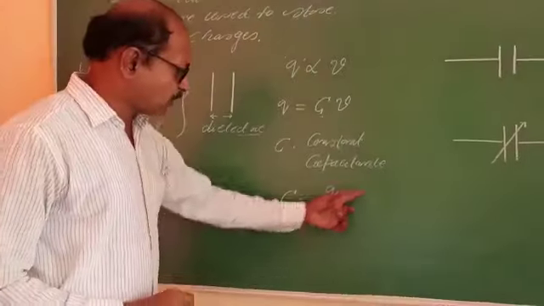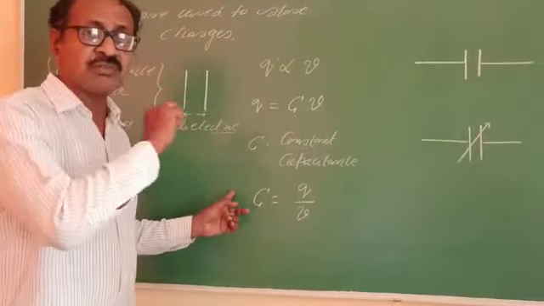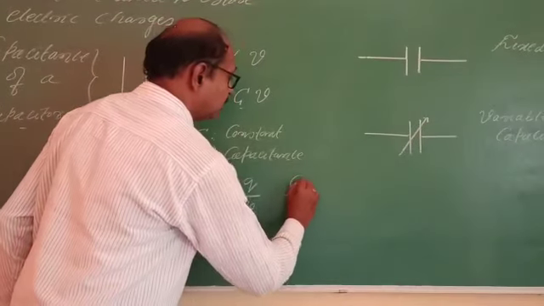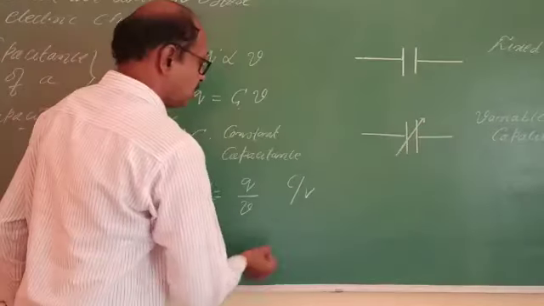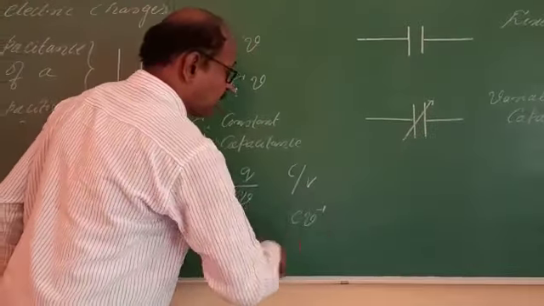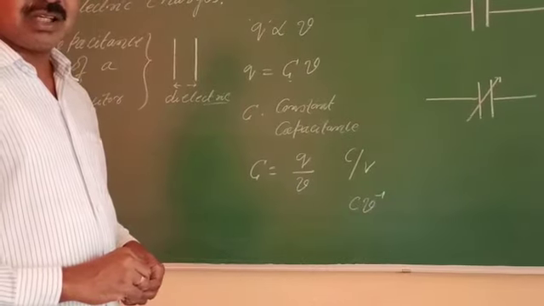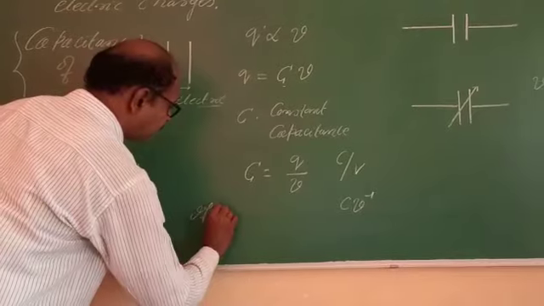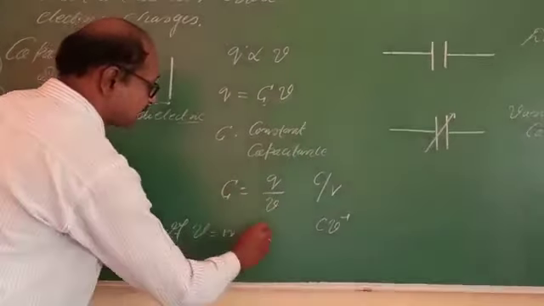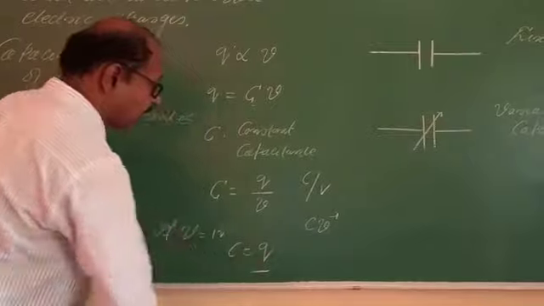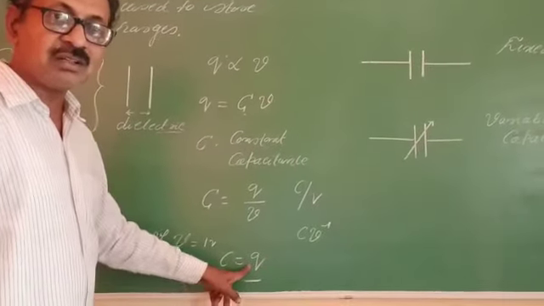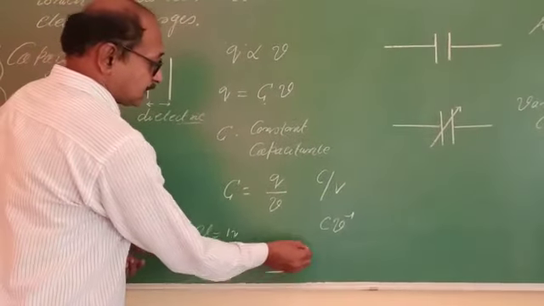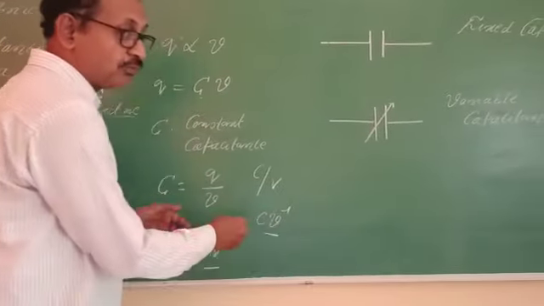Now let us look at the unit of capacitance. Charge is in coulomb, so the unit is coulomb per volt. If V is equal to 1 volt, then C is equal to Q, which is 1 coulomb, and this is nothing but 1 farad.